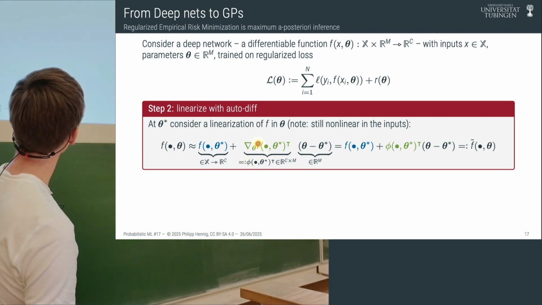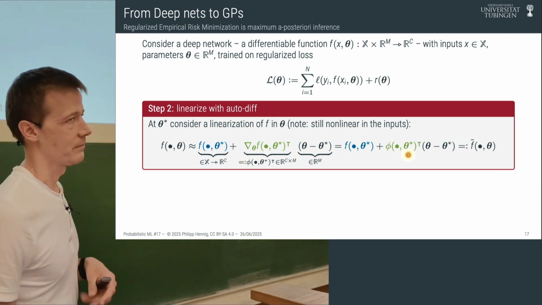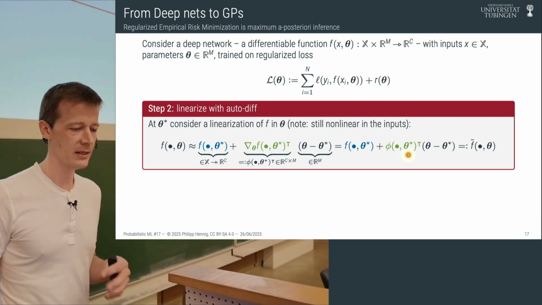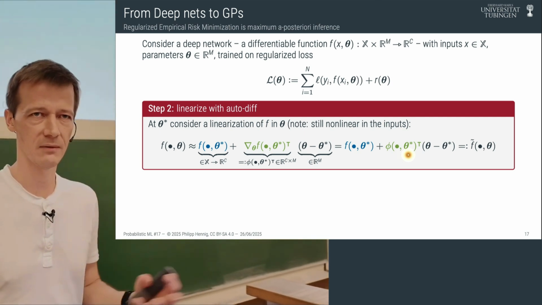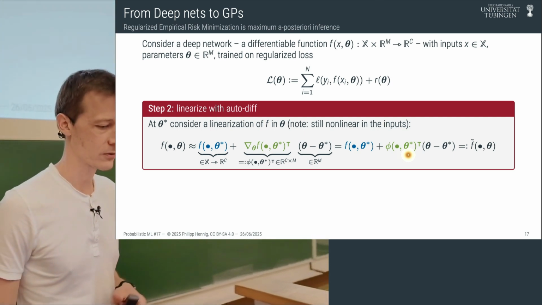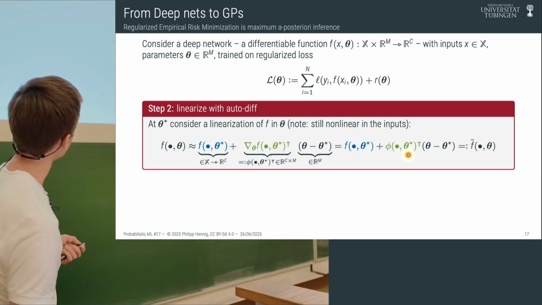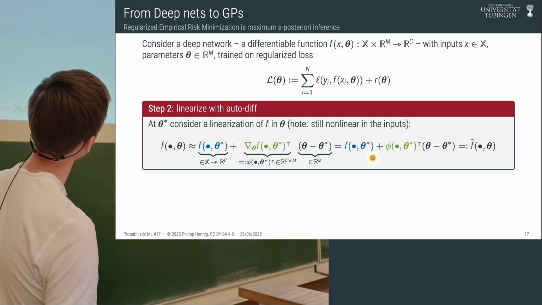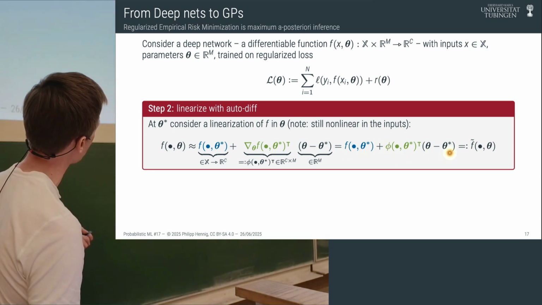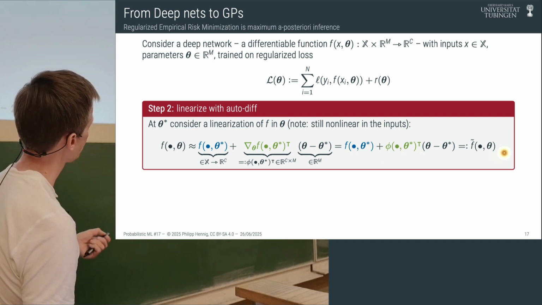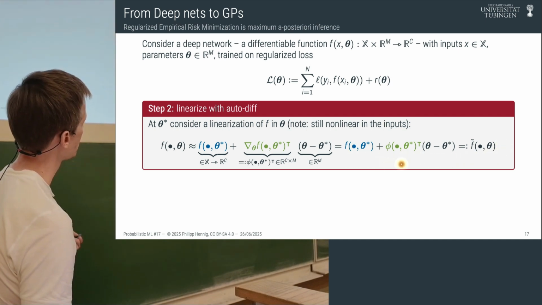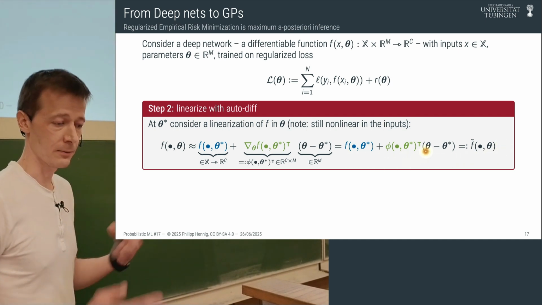I'm going to simplify notation and call this phi. And it'll become obvious why I call this phi. The immediate intuition is it's something to do with features. Okay? And now we think of this function as a function of theta. And you can see that this function is linear in theta, obviously. It's an approximation, right?